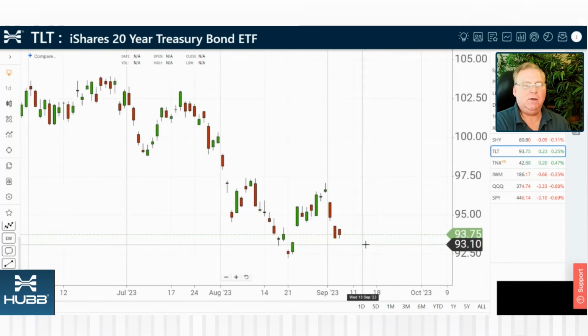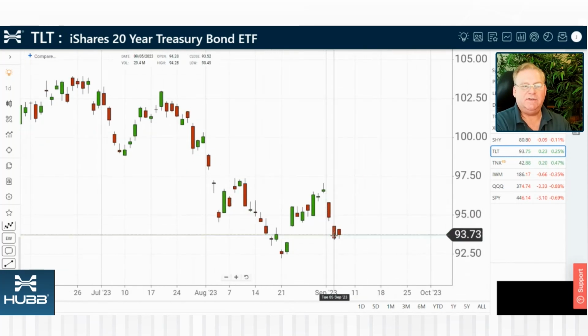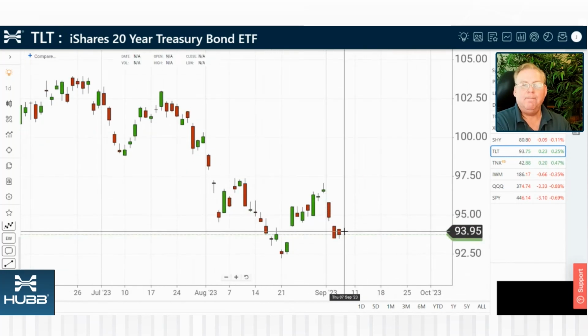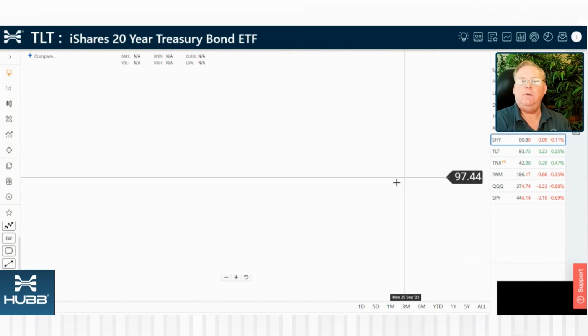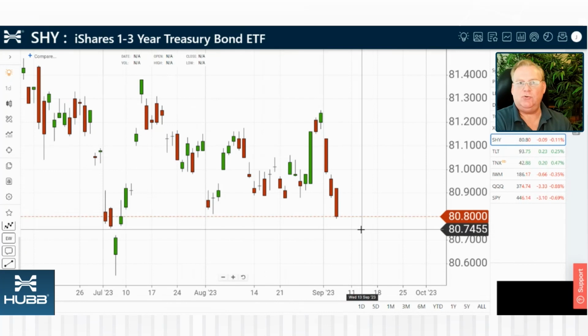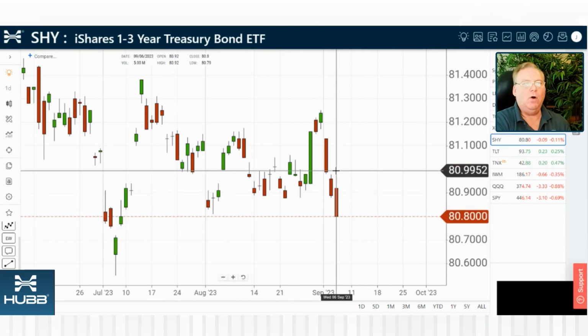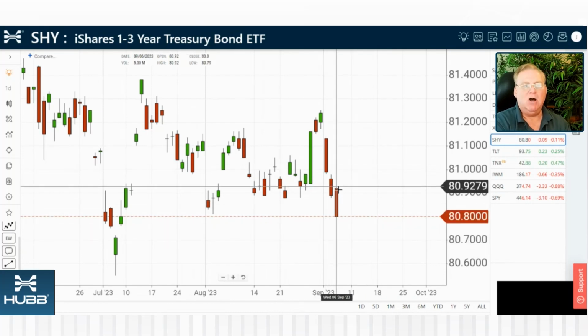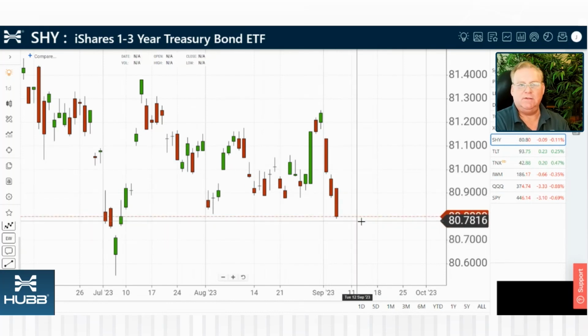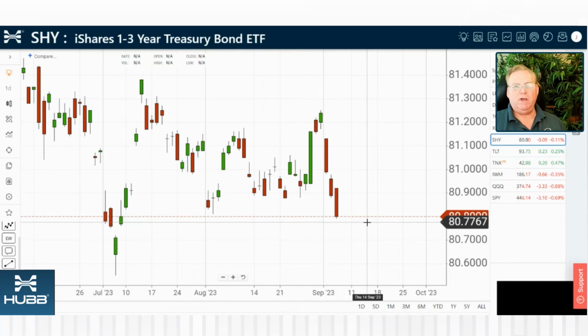Now, if you see here in the past couple of days, this sharp move down, and compare that to the short end of the curve, that would be the ETF SHY. This is the 1 to 3 year Treasury bond ETF, what we call the short end of the curve. You can see a much bigger move to the downside, which means interest rates in the near term are shooting higher.